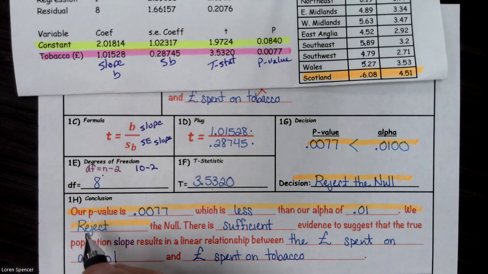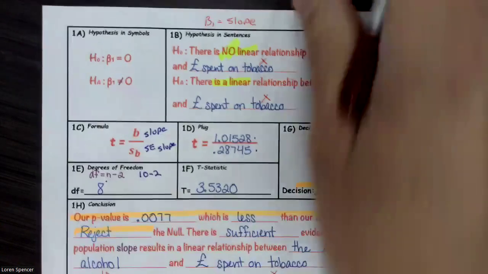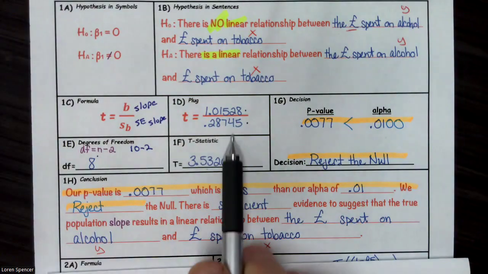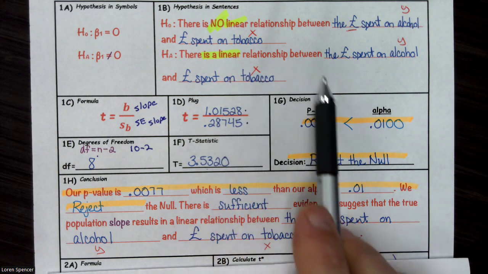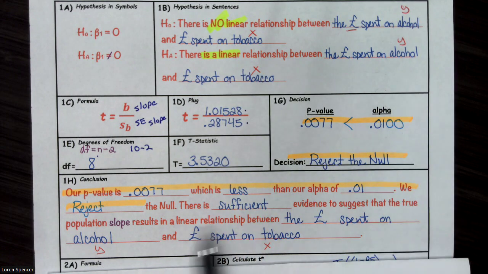Once again, we're restating our Y and our X. Now, where did this sentence come from? Well, what was our alternative hypothesis? Our alternative hypothesis is results in a linear relationship between the pounds spent on alcohol and the pounds spent on tobacco.